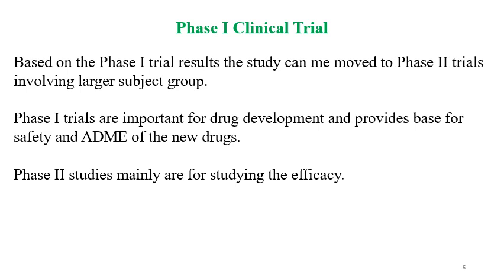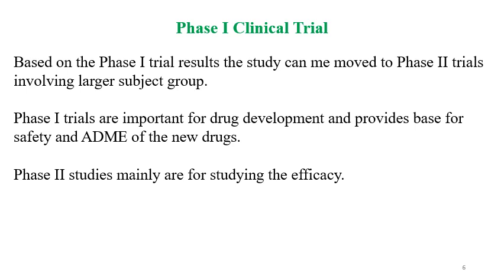So if the phase 1 trials are satisfactory, or if the drug is proved to be safe and effective in small number of subjects, and if the safest dose is found properly with less side effects or with proven dose, then phase 1 clinical trials can serve as a base for the phase 2 clinical trials.